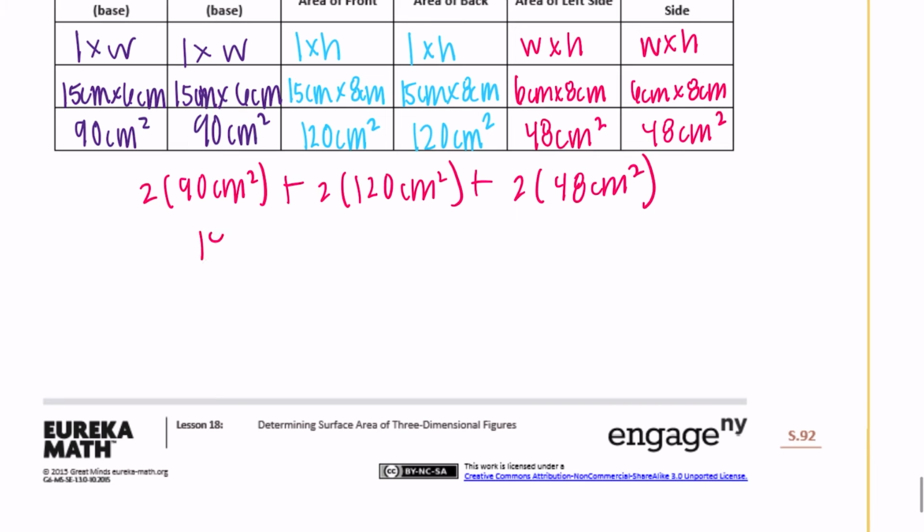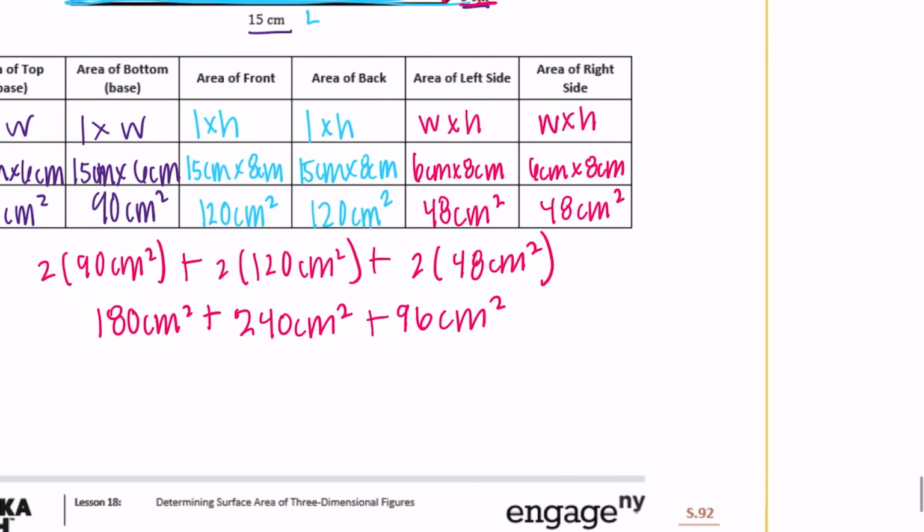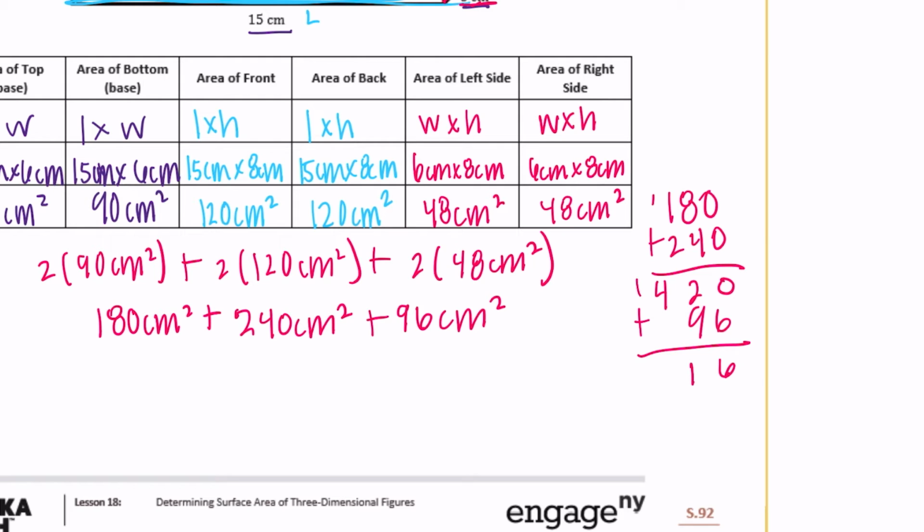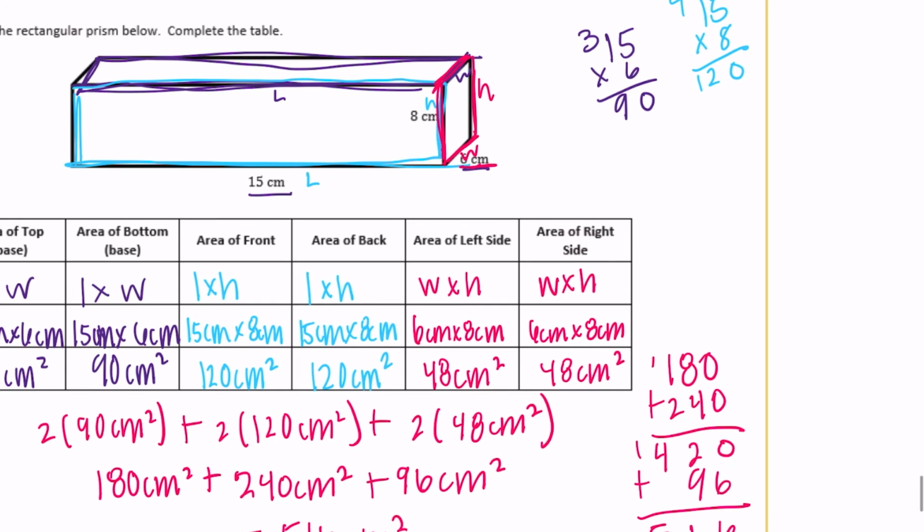So we have 180 centimeters squared plus 240 centimeters squared plus 96 centimeters squared. We add 180 plus 240 first. That's 420 plus 96. So this would be equal to 516 centimeters squared, the surface area of that rectangular prism.